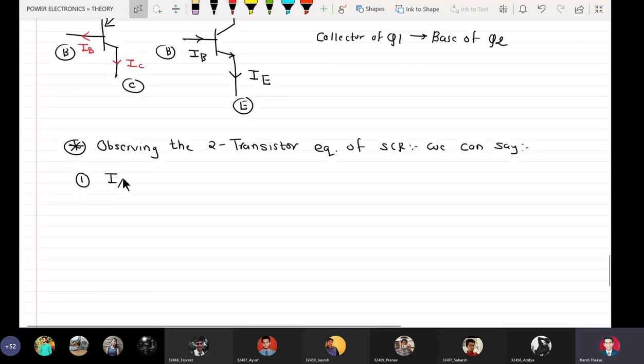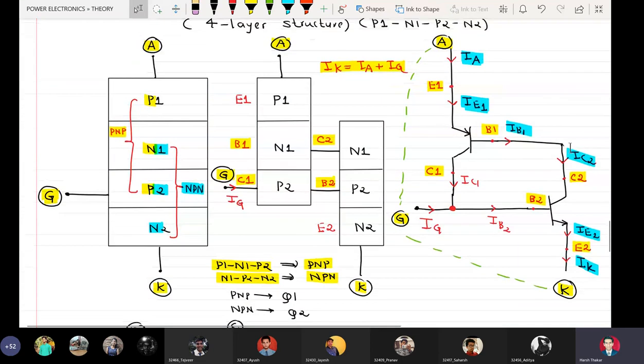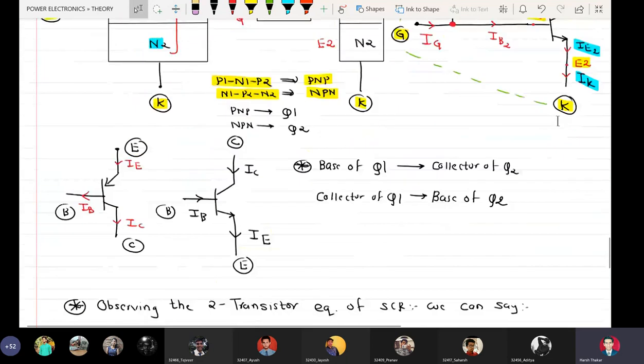We can say IA is equal to the emitter current of the first transistor. Second, the cathode current IK is equal to IE2. Fine. So IA is equal to IE1 and IK is equal to IE2. At the same time, IB1 is equal to IC2.